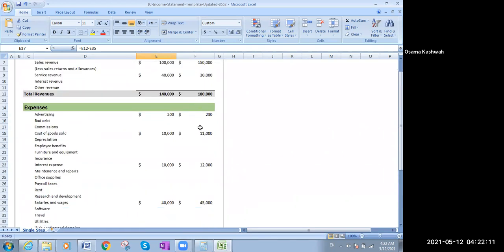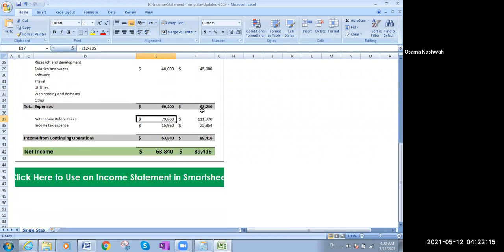So the system calculated 180,000 minus 68,230, then it will give me 111,770. Okay, I said the total revenues minus the total expenses will give me the income before taxes.